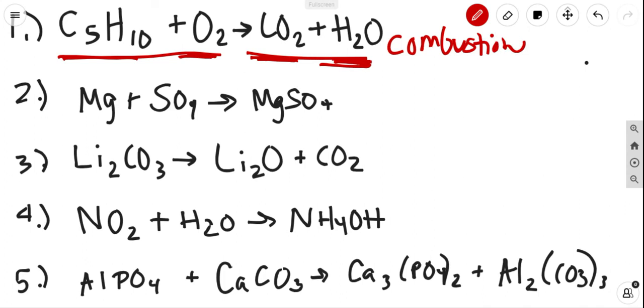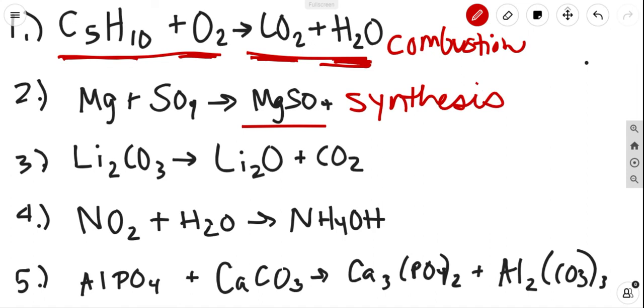Number 2, let's go through the list. Is it synthesis? Is one thing being formed? Do I have one product? Well, yeah, it kind of looks like one product. Magnesium plus sulfur tetroxide yields magnesium sulfate. Yep, this is synthesis. Number 3, is it synthesis?